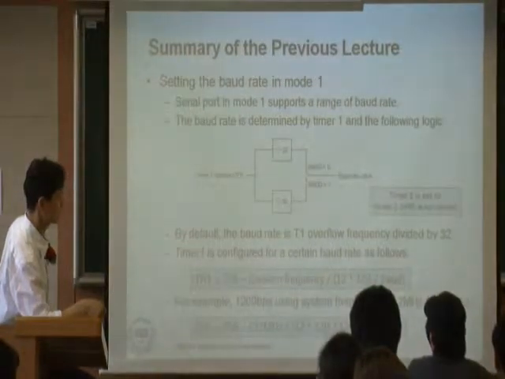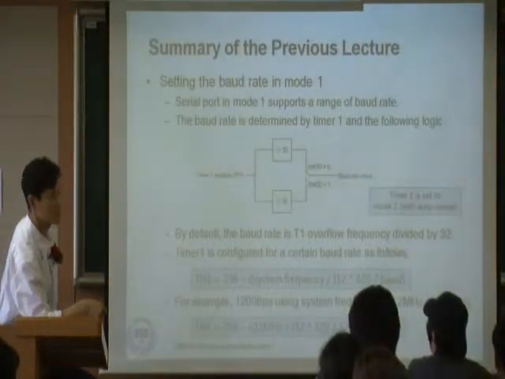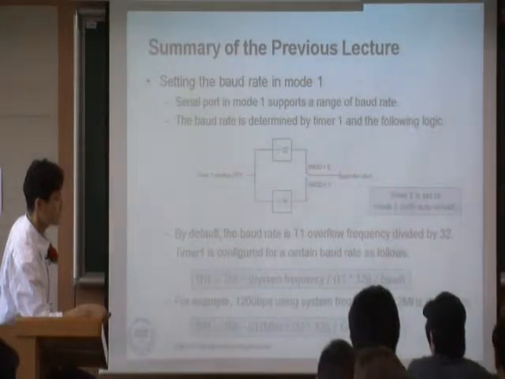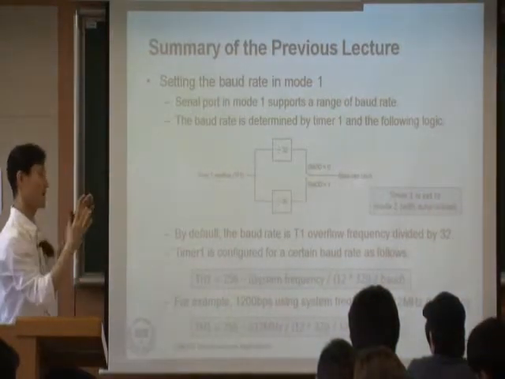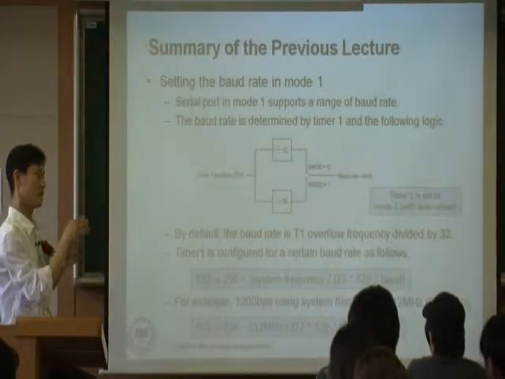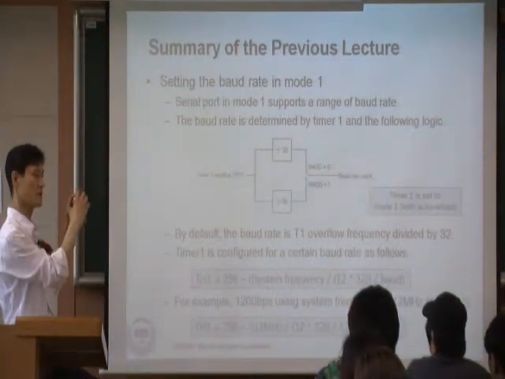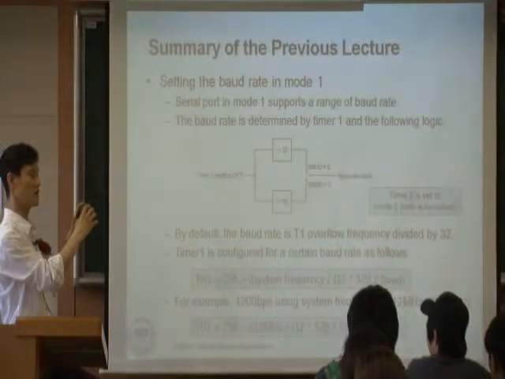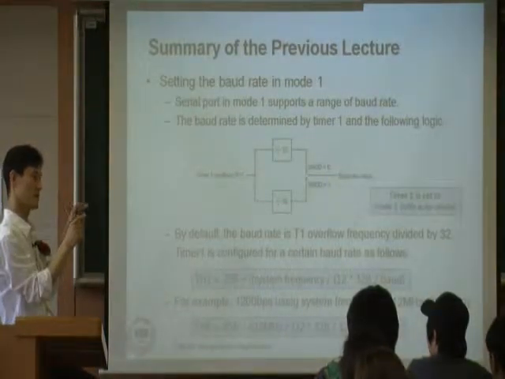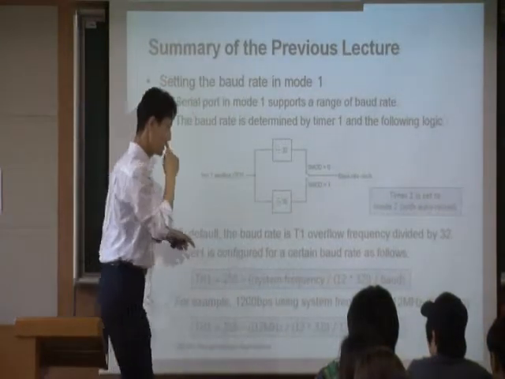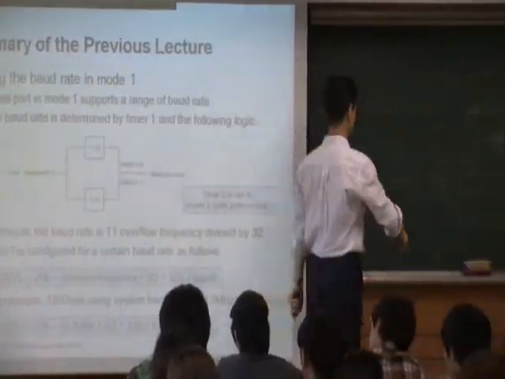And you have a system frequency of 12 megahertz, and you divide by 12, because if you remember, the timer uses an internal clock. If you look at the timer, there's an internal clock, and you divide it by 12. Remember, right? So that's why we have a 12 right here.